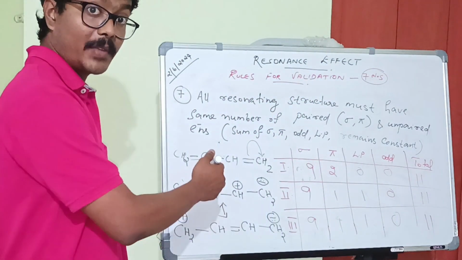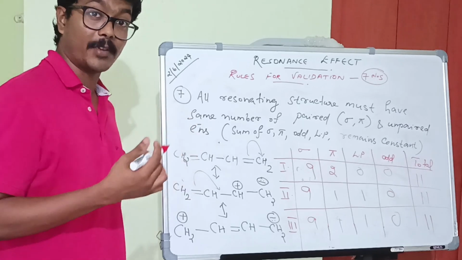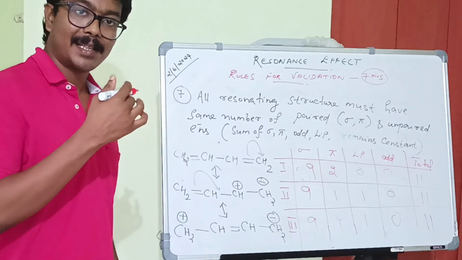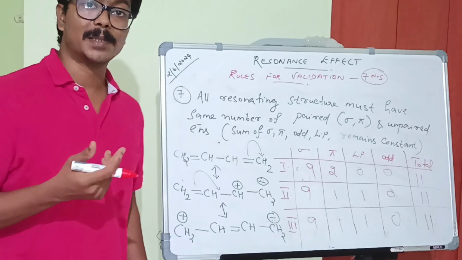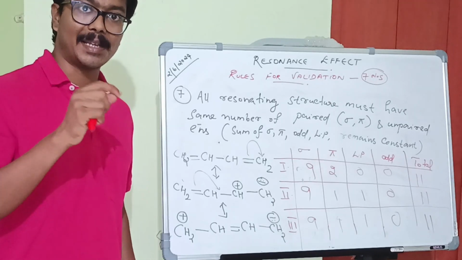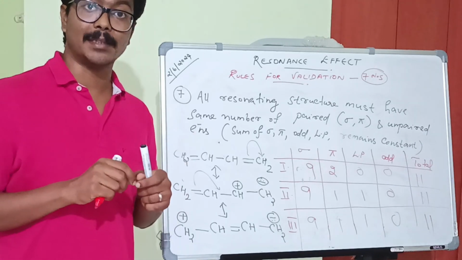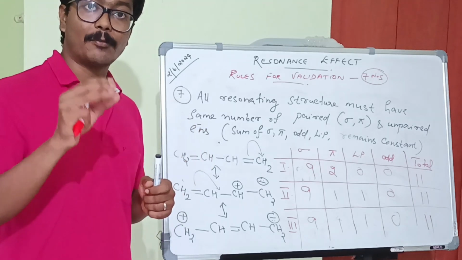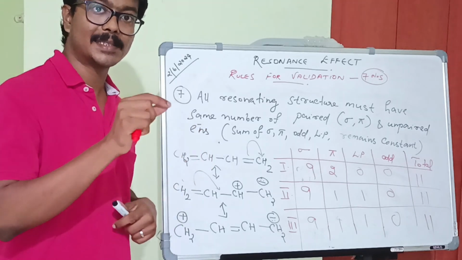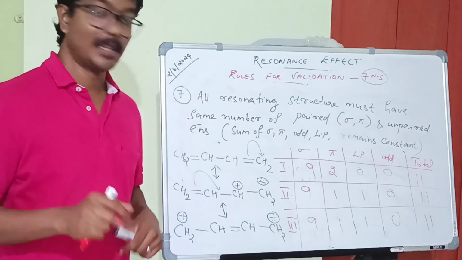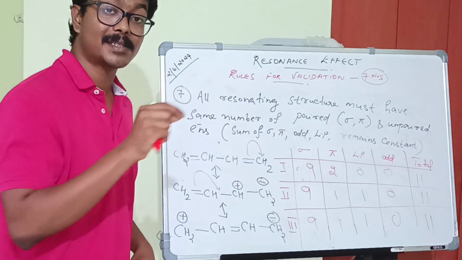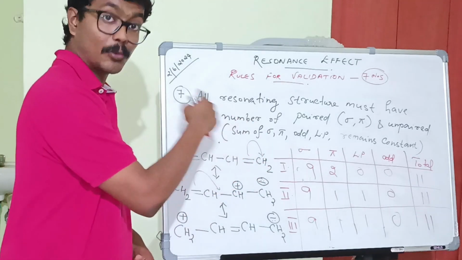See? So we can identify whether the given resonating structure is following the resonance principle or not. If in an MCQ question four answers are given, we can determine whether a structure is a resonating structure of this compound or not by using this rule.